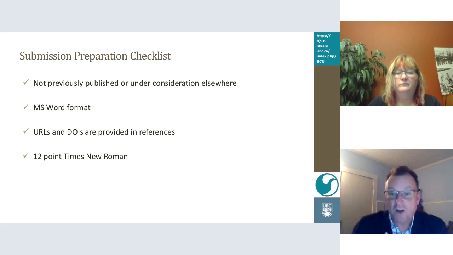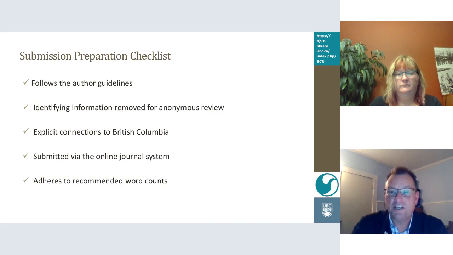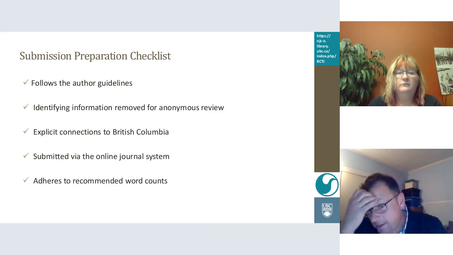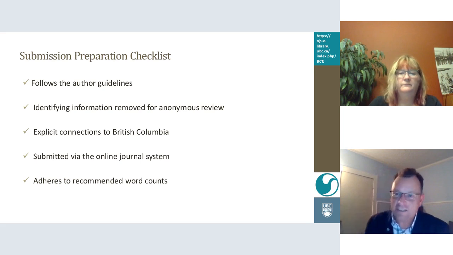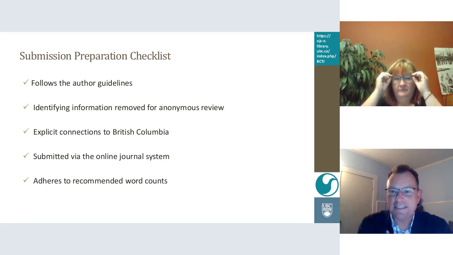And then there's all kinds of advice on the website on what else you can do in terms of the preparation checklist. I think the most important thing about the preparation checklist is this: for every article that's submitted, the first thing I do is press Control F, Control Find, and type in British Columbia. And if BC is not mentioned anywhere in your article, I'm probably going to email you back and say, hi, this is the BCTEAL journal, and it should connect to BC somehow.